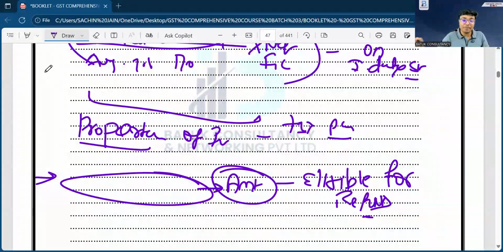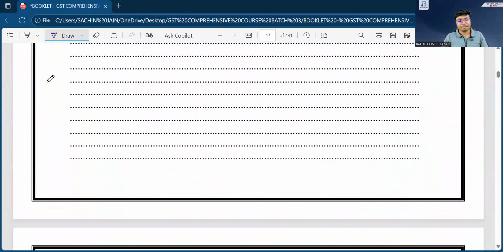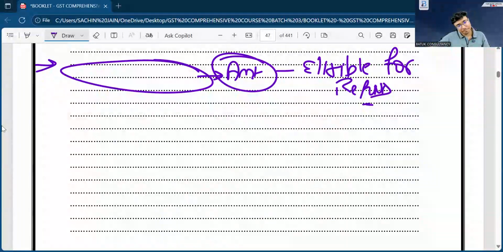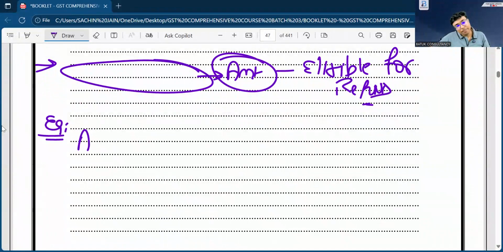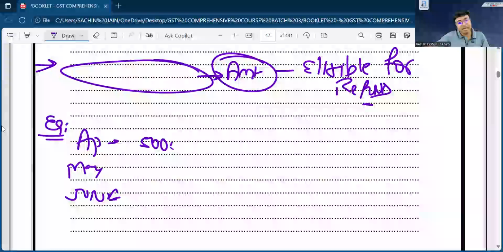Just for an example, suppose April, May, June, 3 months are there. You have put the formula and calculated the maximum amount eligible for refund. Suppose for this month, the refund eligible is 5 lakh rupees. For this month, you are not eligible for refund; the amount is negative 2 lakh rupees.